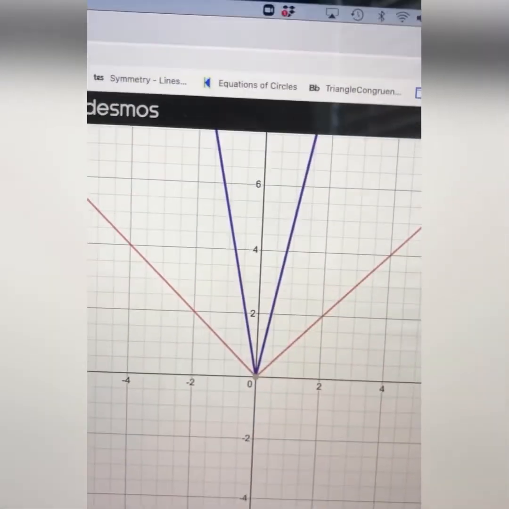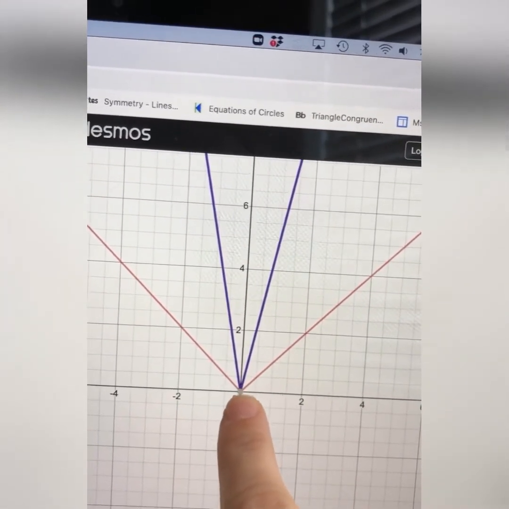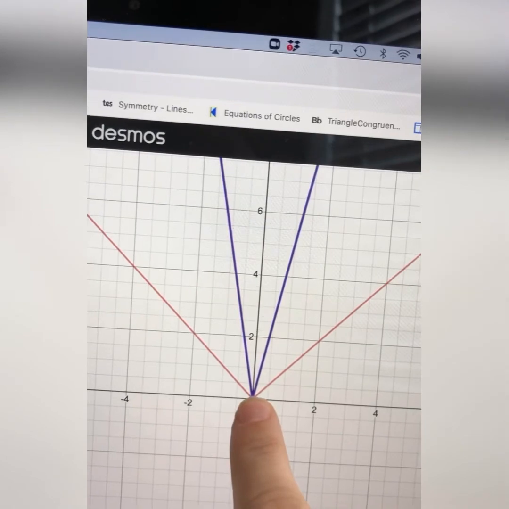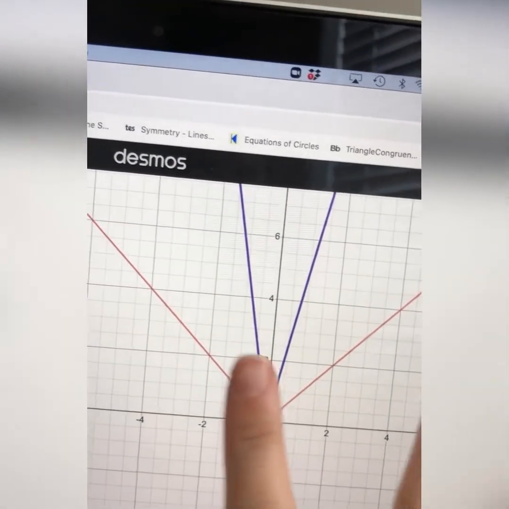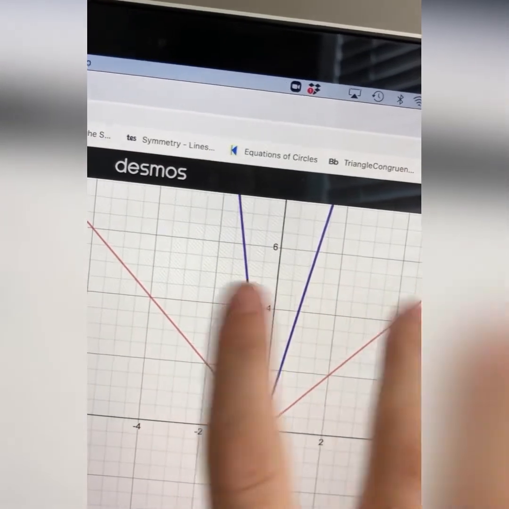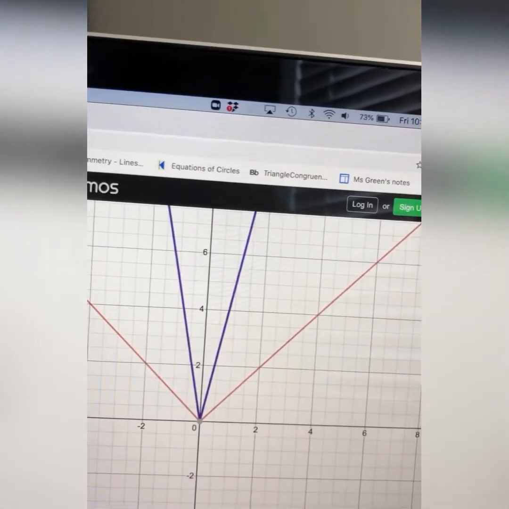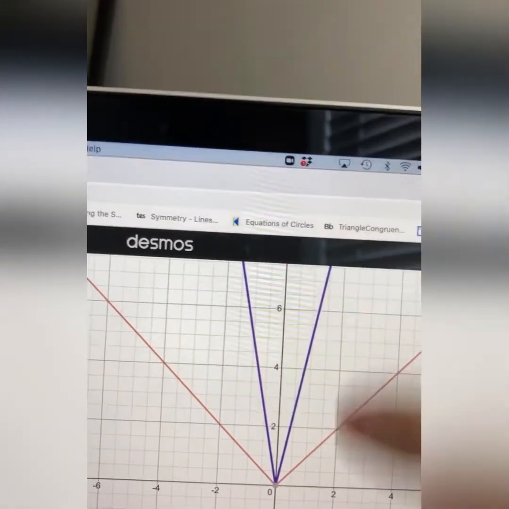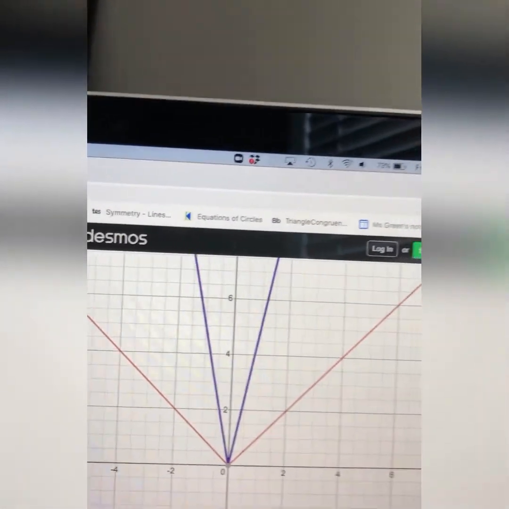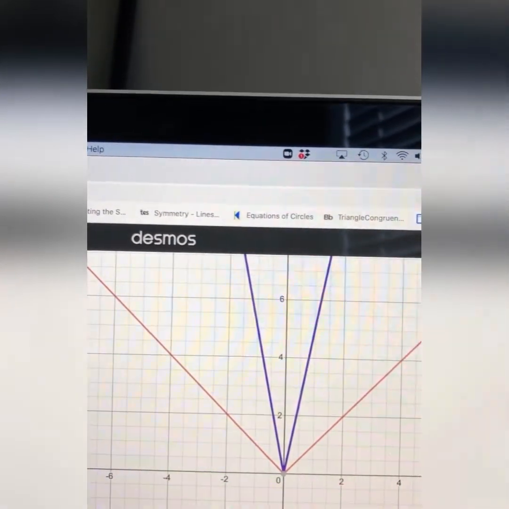My graph didn't shift up or down, left or right. The vertex is still at the origin, right? But what happened? Our V shape got a lot taller, a lot more narrow. So it's more narrow vertically. It's gotten taller vertically. It's not quite as flat as the red one, right?